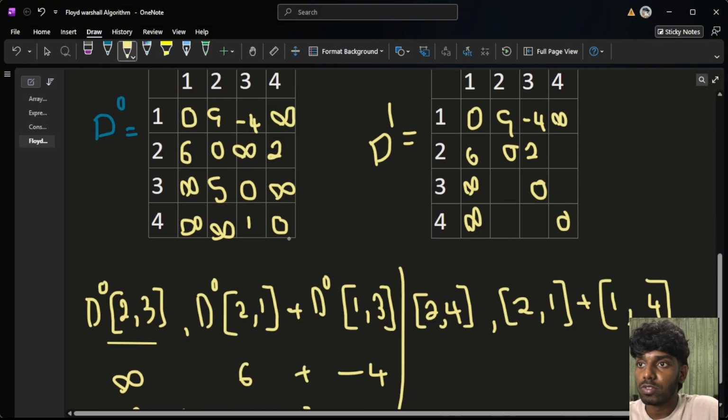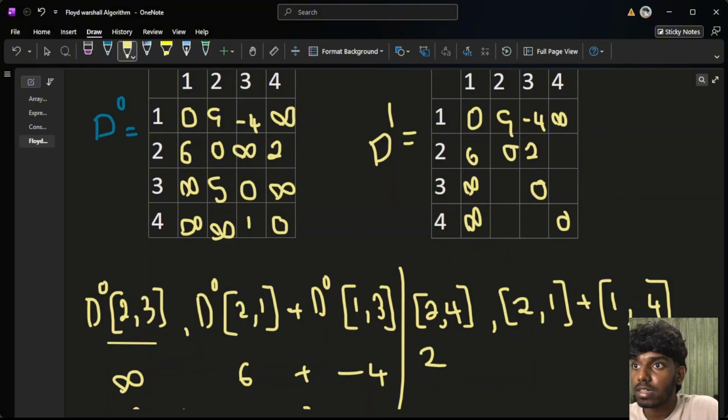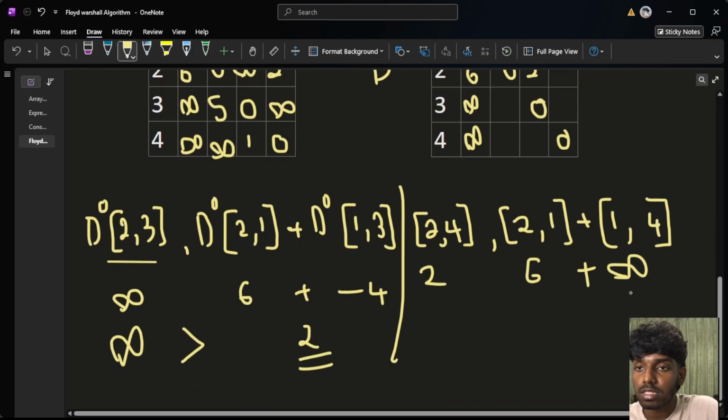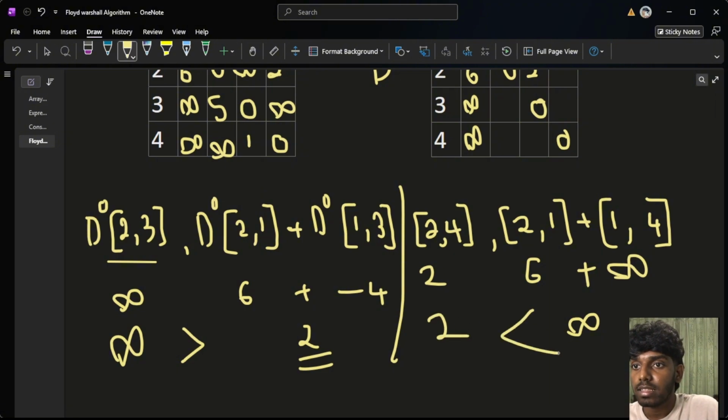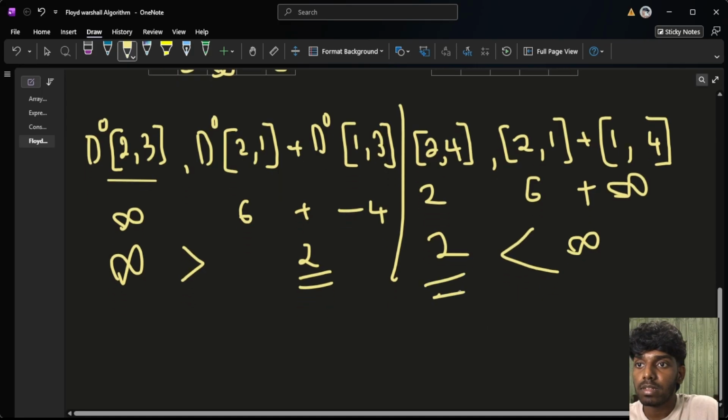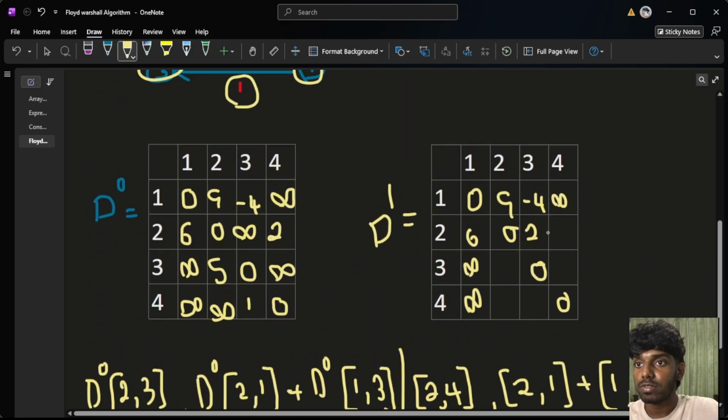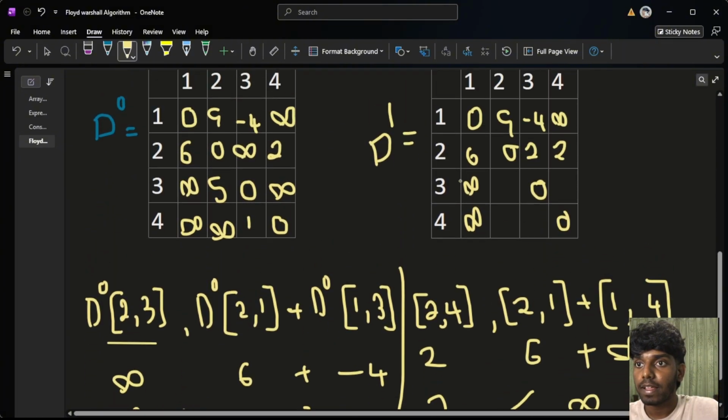So 2 to 4 is 2, 2 to 1 is 6, 1 to 4 is infinity. So 6 plus infinity is infinity, and then this 2 is right here, and it is obvious that this 2 is the minimum number, so we are going to use this 2 for here.